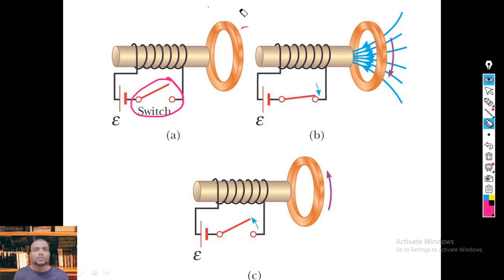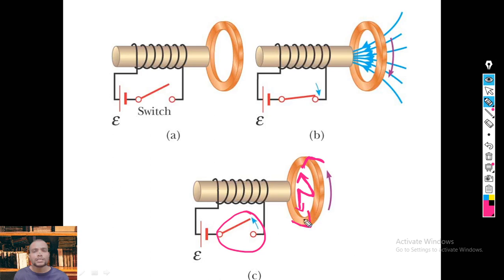But when you switch off, now the third case, when the switch is off, and this is also momentary, it means the magnetic field lines start to decrease, so the flux decreases. To oppose the change, the induced current changes its direction.